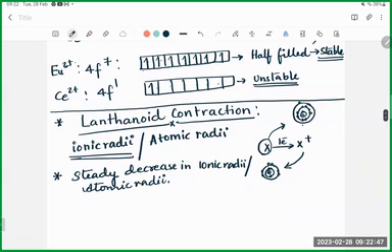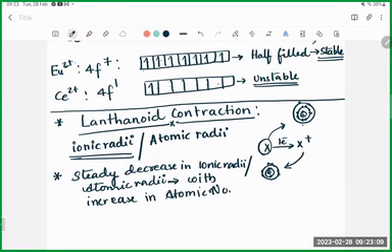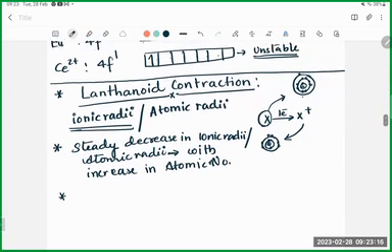This variation we are seeing as atomic number increases. Are you clear, Hridaya? Yes, ma'am. With increase in atomic number, as we move to a higher atomic number atom, there will be a decrease in atomic radii.